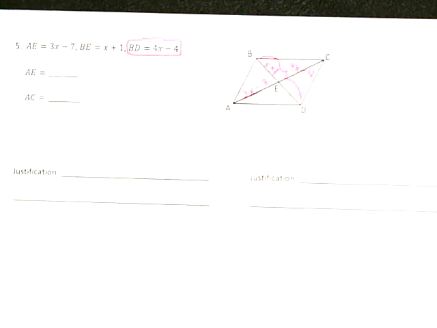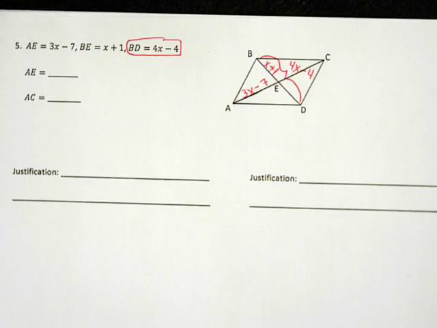Okay. So I'm going to let that clear up for a second. There we go. Now you guys can see. So we have to think about what properties are going to be helpful here. Well, since I'm given BE and BD and AE, those are all either a full diagonal or parts of diagonals. So we're going to have to use that fact.